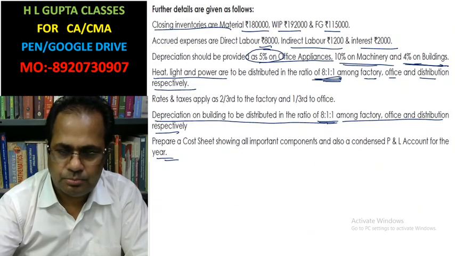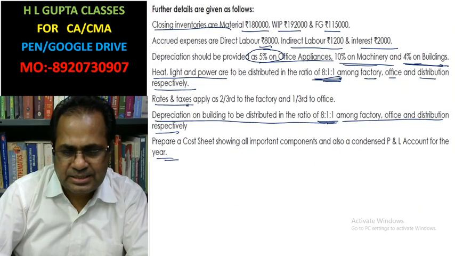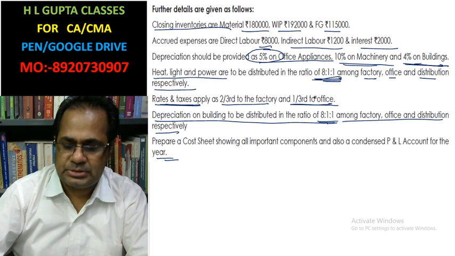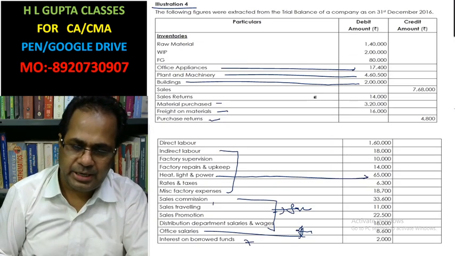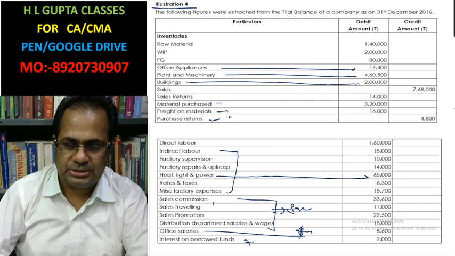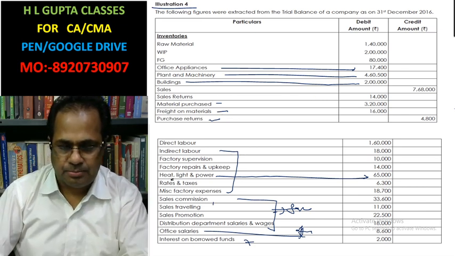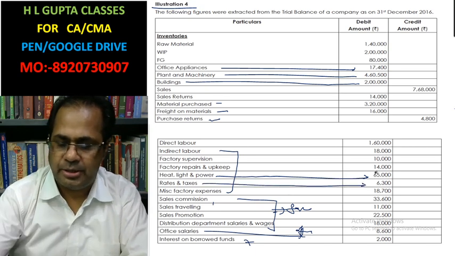Now working note. Look at here. This is rates and taxes. Rates and taxes apply 2/3 to the factory and 1/3 to the office. So what are the rates and taxes here? This is given in the question: rates and taxes 6,300.